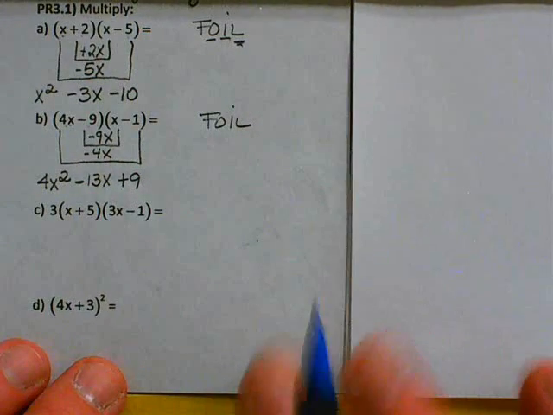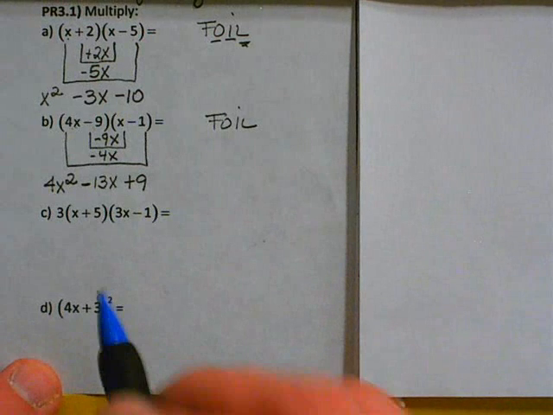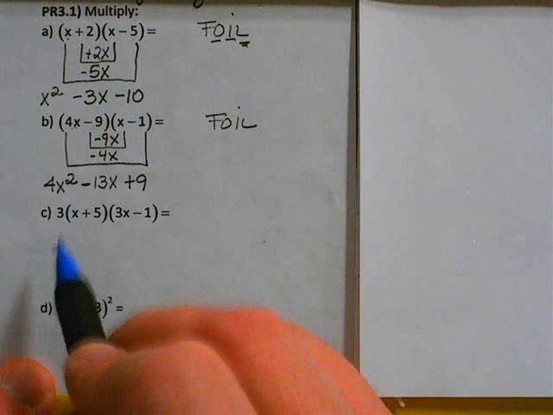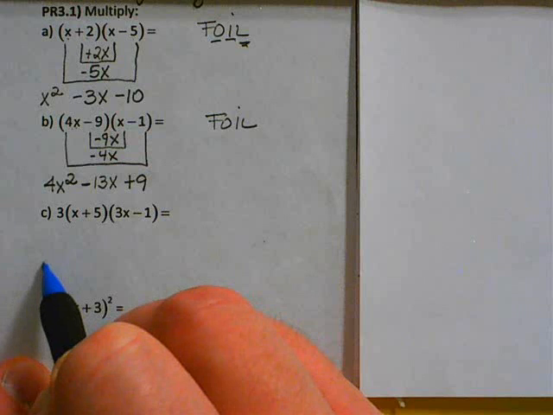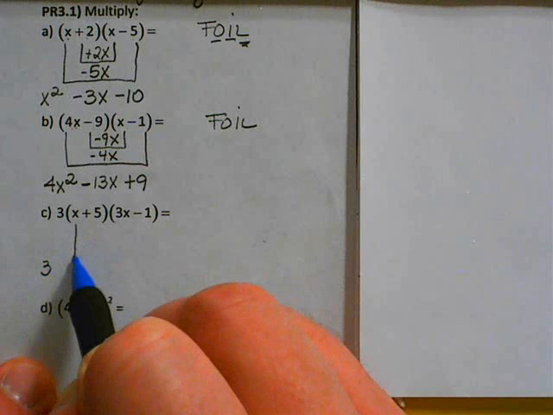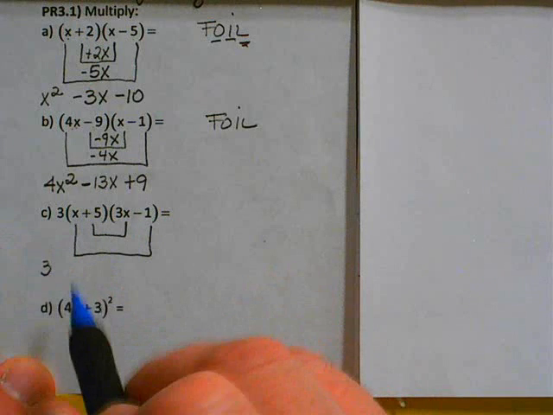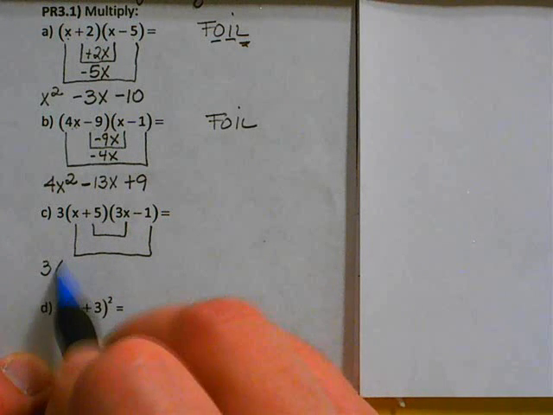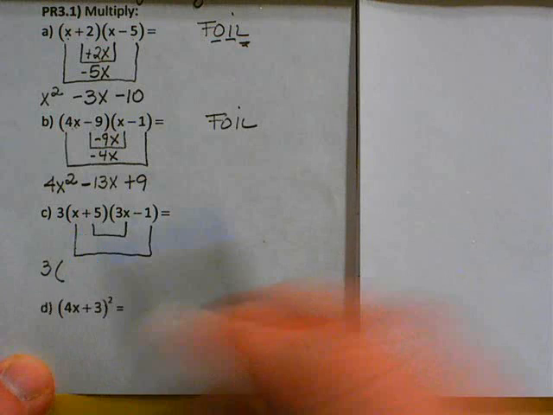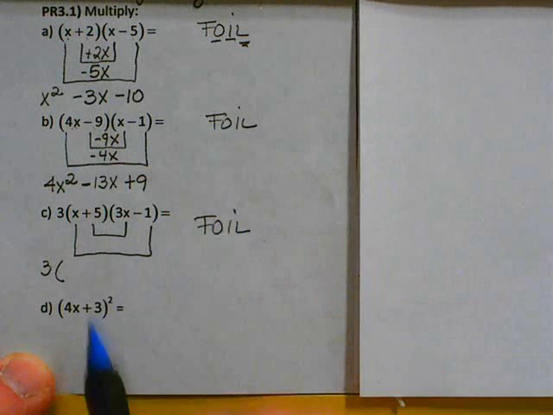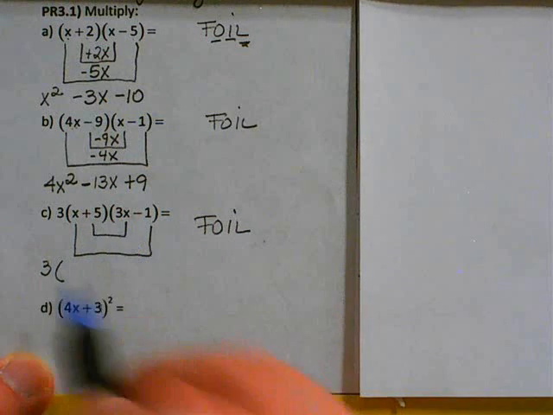Letter C, again, we have a number on the outside. So what we're going to do is keep the 3 on the outside there, and we're going to apply FOIL. Once we have the answer for FOIL, we'll take care of the 3. Alright, so FOIL, first times first, x times 3x is 3x squared.